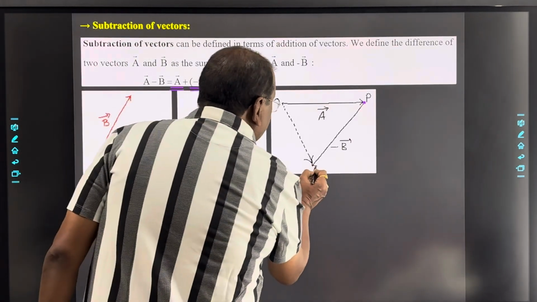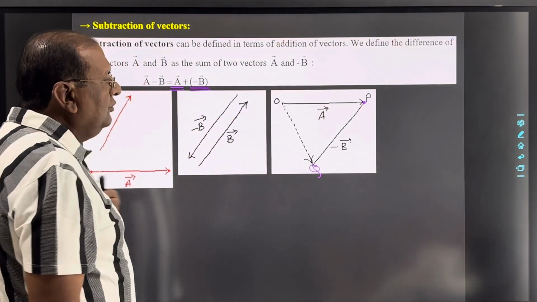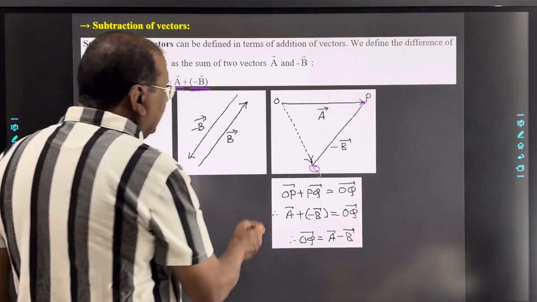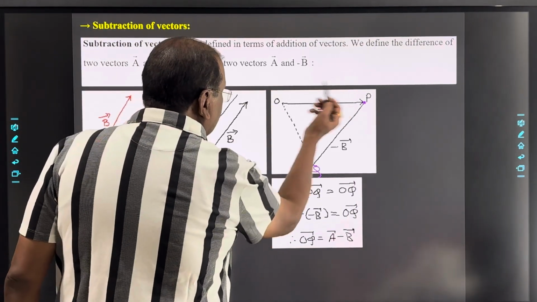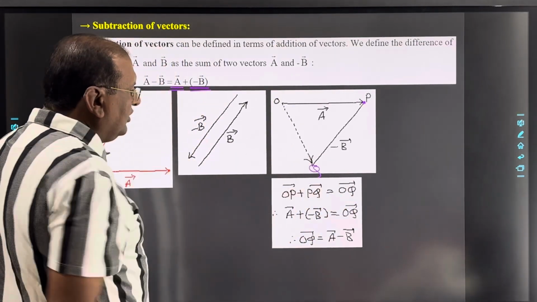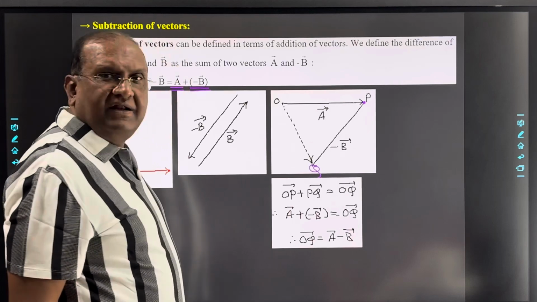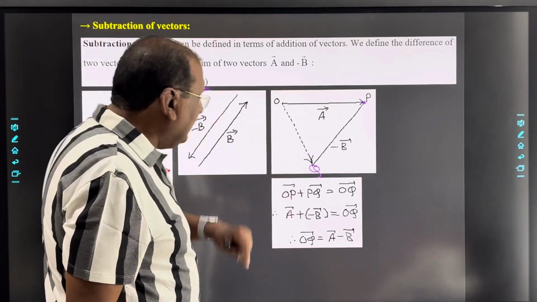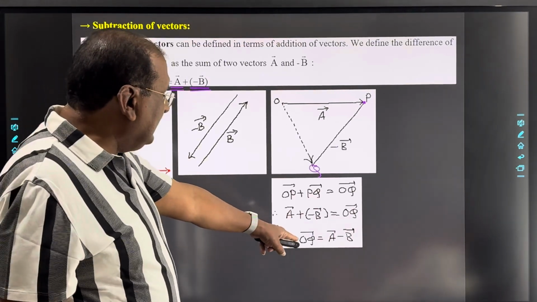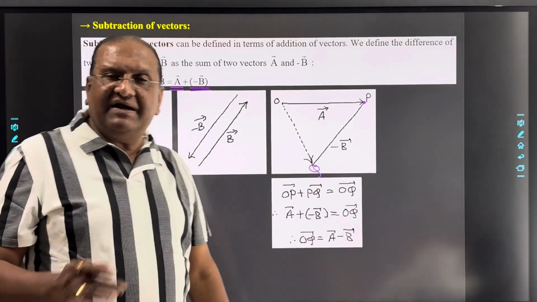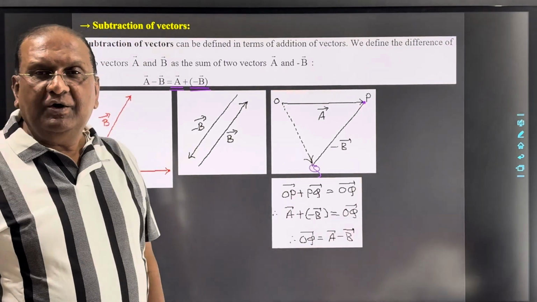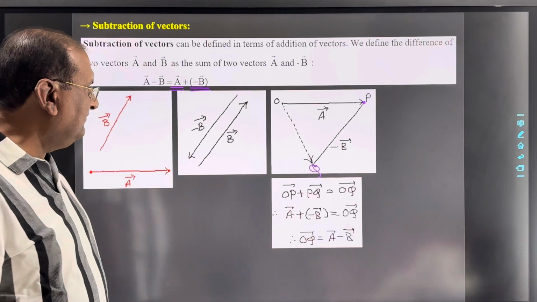So vector PQ, that is vector minus B. So we can write now vector OP plus vector PQ is equal to vector OQ. But OP is vector A, PQ is vector minus B, so that is equal to OQ. It implies that vector OQ is vector A minus vector B. So in this way we can take the subtraction of vectors.